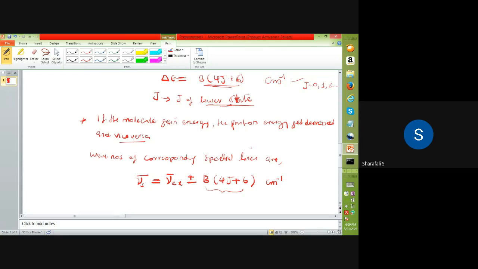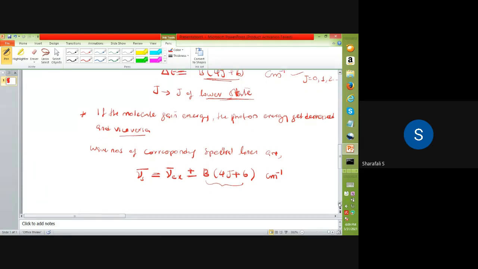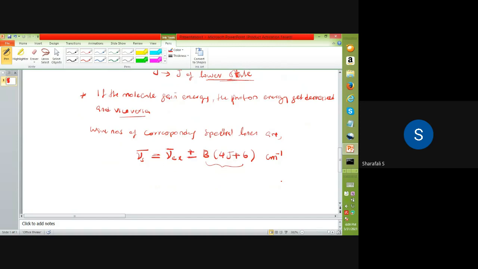Because of that, the photon may get extra energy, which means the frequency may increase. As you know, the energy is h times nu. h is a constant, only nu is going to change. So when the photon absorbs energy, the frequency of the incident radiation is increased. If the photon loses energy, the frequency of the radiation is reduced.